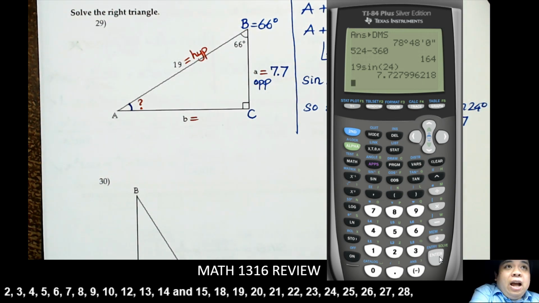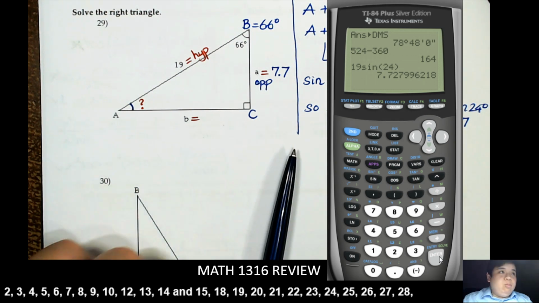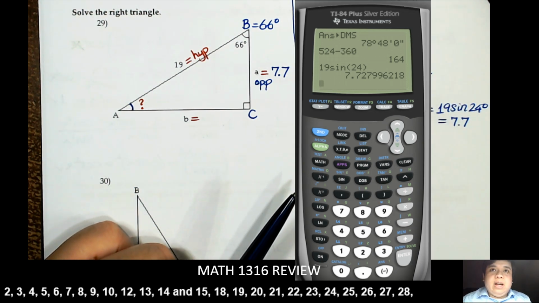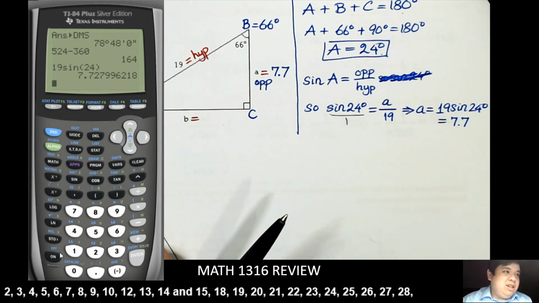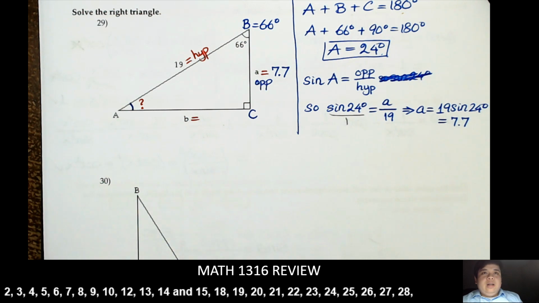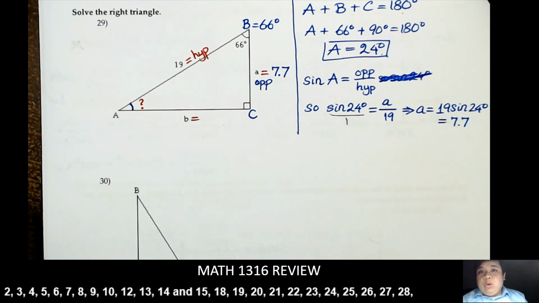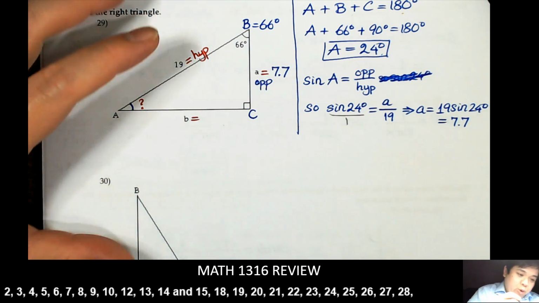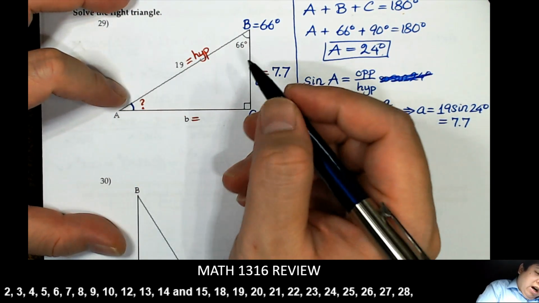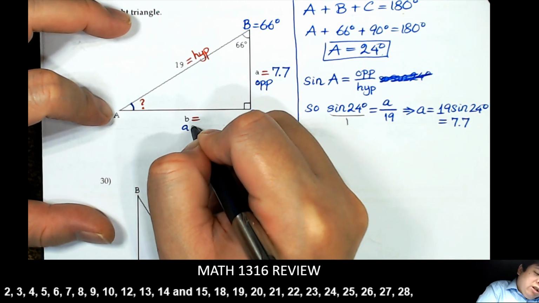Right. And next we can use the Pythagorean theorem to find b. Sorry, I shouldn't put the calculator there. Right. We can use the Pythagorean theorem, or we can also use another trick. And I will do it using the trick here.